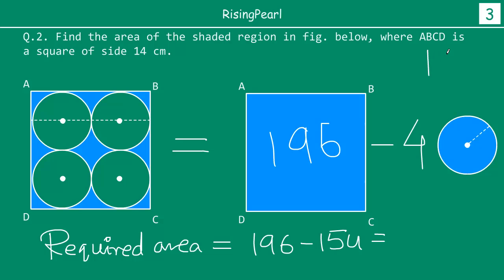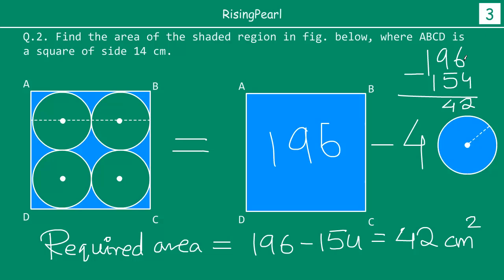If you just subtract it, 6 minus 4 is 2, 9 minus 5 is 4, so you get 42 centimeters square. Let's just make sure we did it correctly. Yeah, so this is the answer.